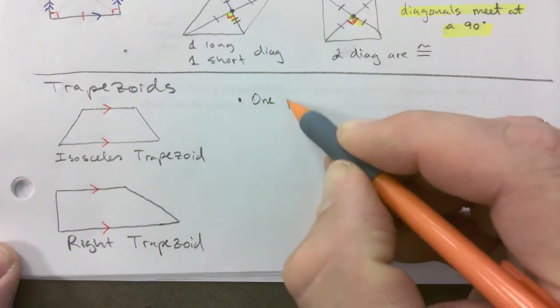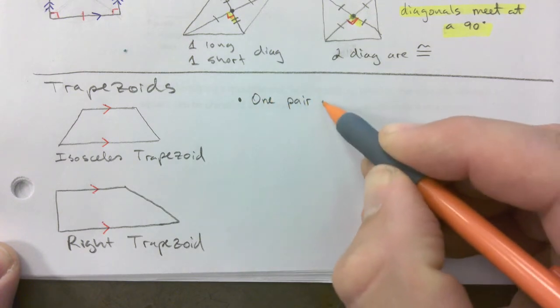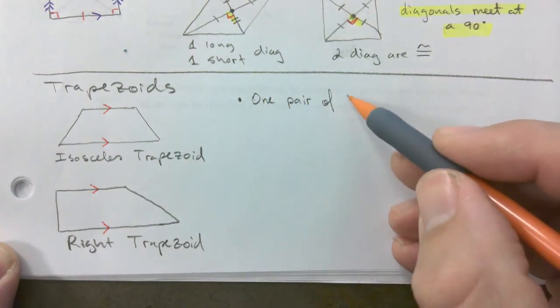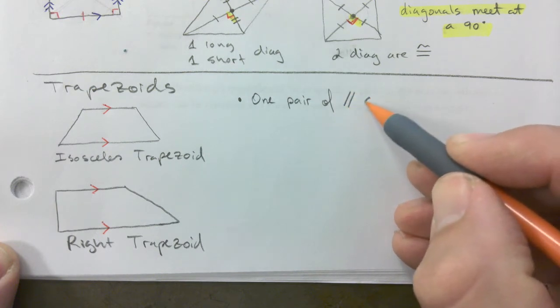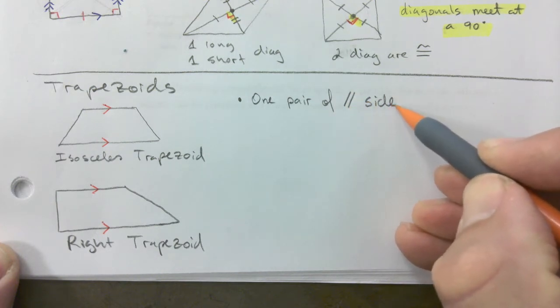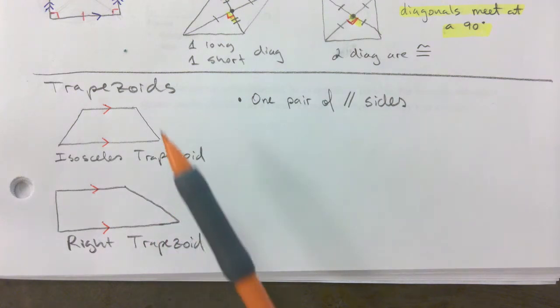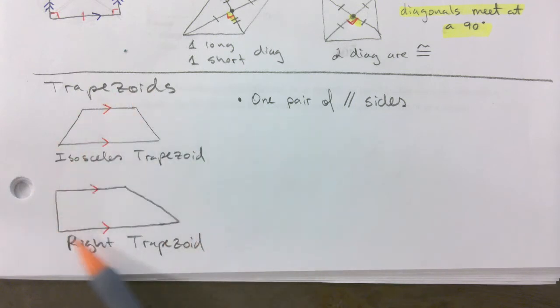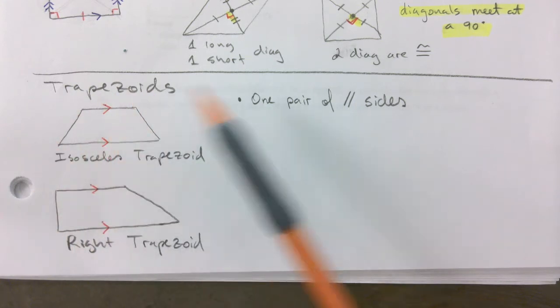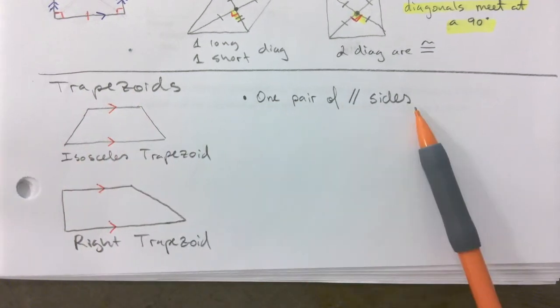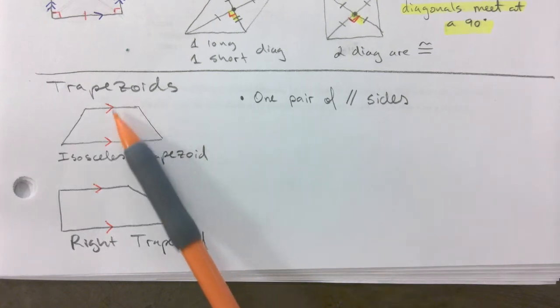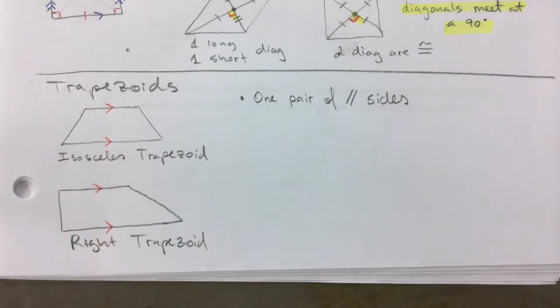One pair of parallel sides. By the way, if you're working on your study sheet and you see these markings, you can actually conclude that. So you don't have to have these bullets written down if you just do a good job at labeling the diagram. Okay, so that's true.